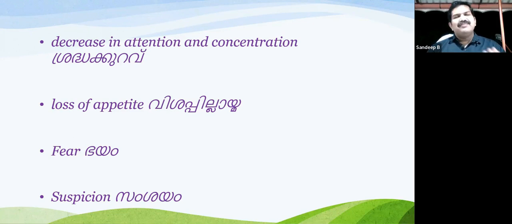And there can be a referential delusion. All these come with symptoms like bhayam, sandeham, that is fear and suspicion. But actually, we have to elicit whether this is persecutory delusion or referential delusion. Referential delusion is people firmly believing that all others are talking about them. They will say that all the people in the neighborhood are looking at me, they are referring to me.